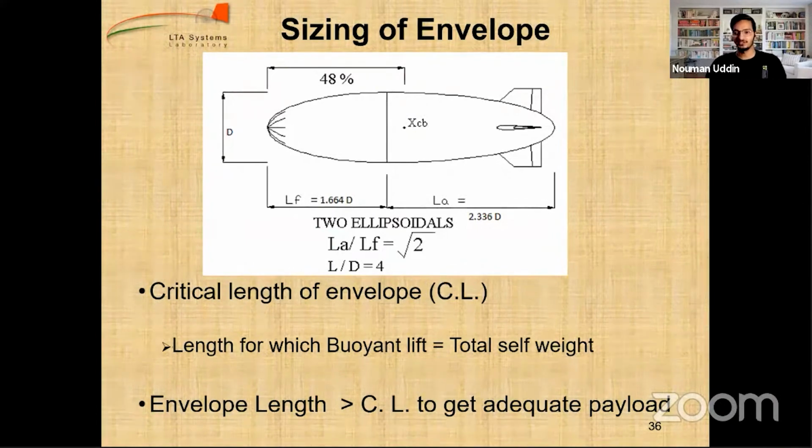If we get the total system weight to be balanced by the generated lift, then that length is known as the critical length of the airship. So generally we should have a length higher than the critical length. Okay, got it.